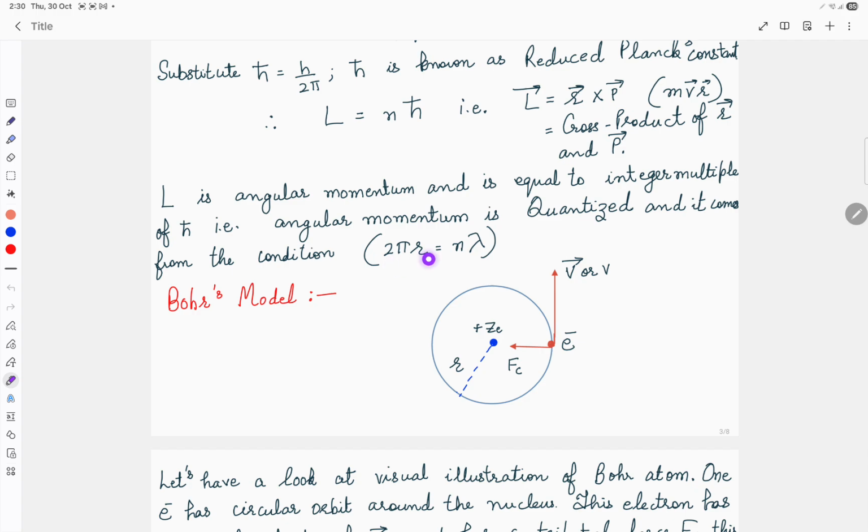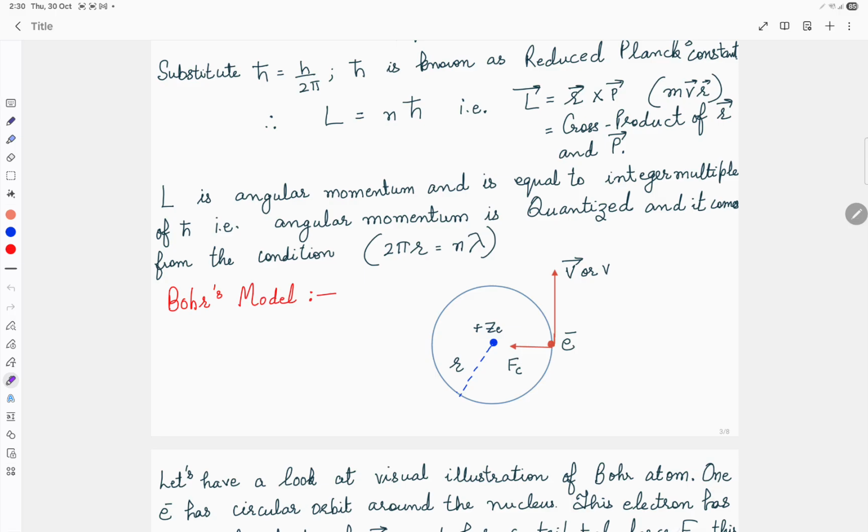This is the condition: 2 pi r equal to n lambda. What does this equation say to us? From the Bohr's model, it says that the electron orbits around the nucleus, right? So that means it is covering a circle. The circle will have the circumference 2 pi r, and there is the wave nature of the electron.